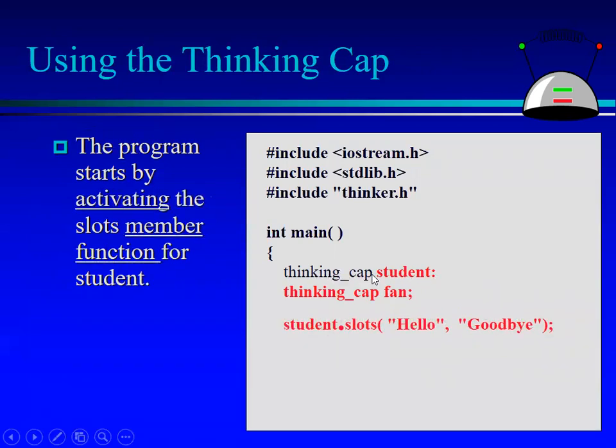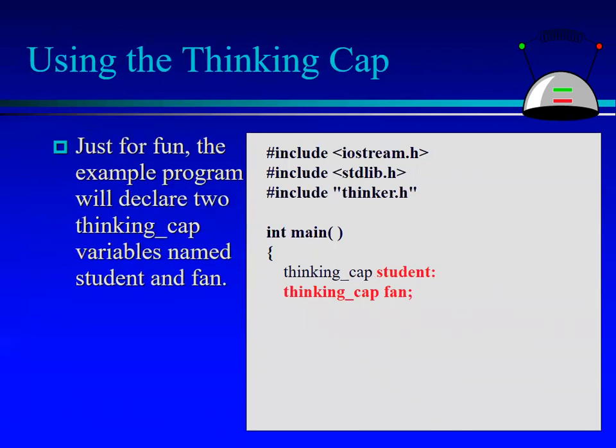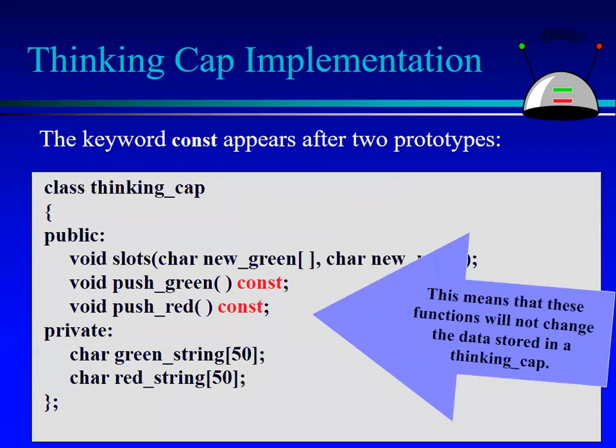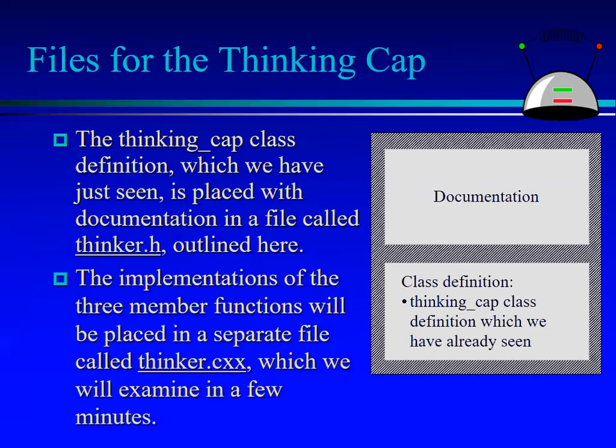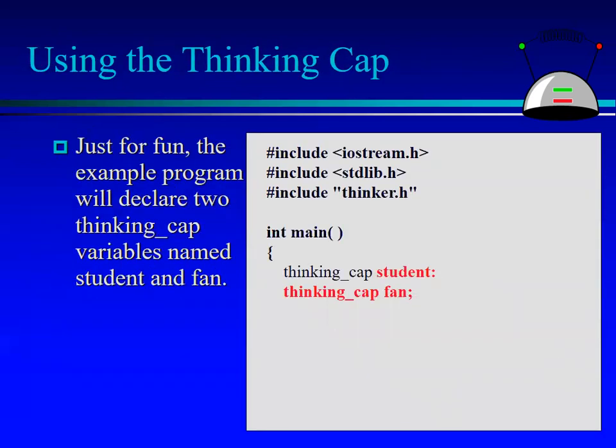Thinking_cap is the name of the class which we have given here. This syntax should be the same, as we know that C++ and Java are case sensitive languages, so we have to use the same syntax. Then we have created this object, this is the first object, this is the second object. We can say that these objects are nothing but variables of that particular class, Thinking cap. Okay.